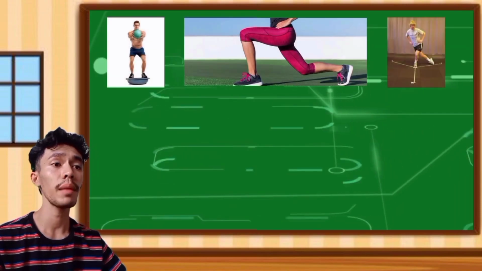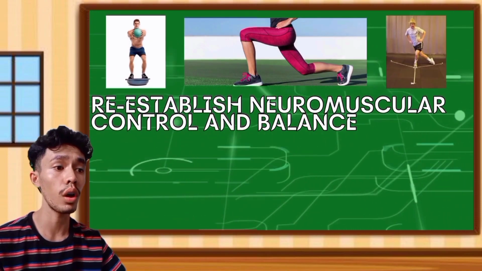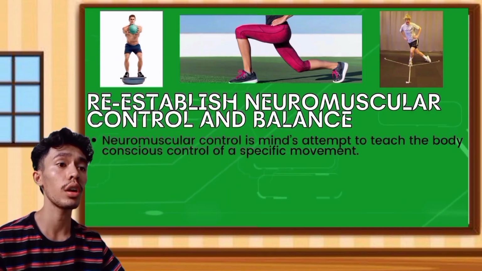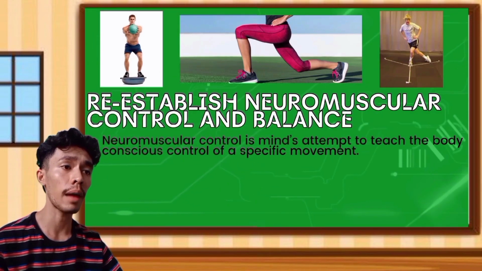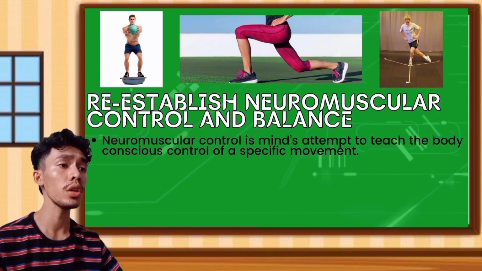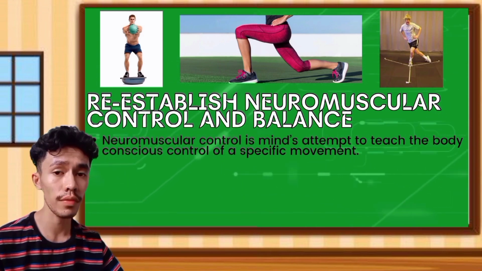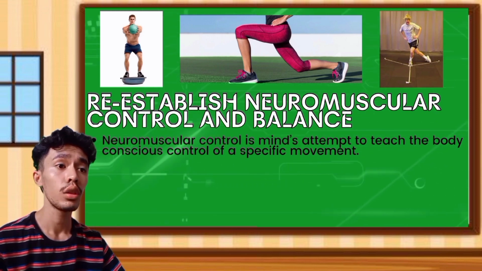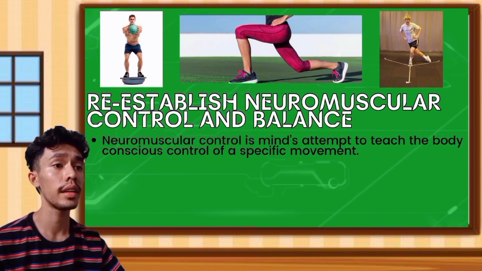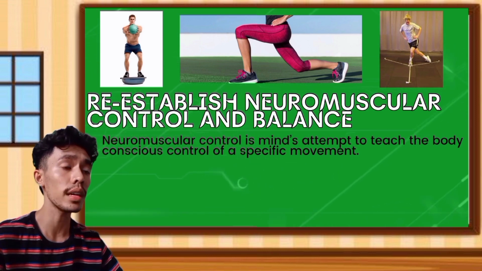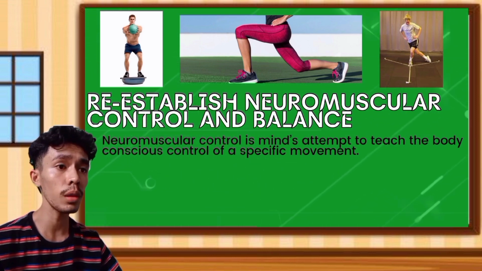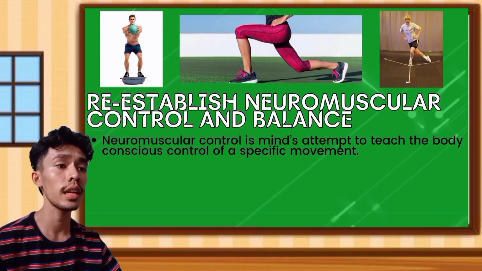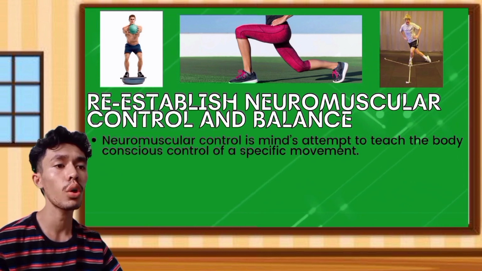Another one is reestablishing neuromuscular control and balance. Neuromuscular control is the mind's attempt to teach the body to predict conscious control of a specific movement. It relies on the CNS to interpret and integrate sensory and movement information and then control muscles and joints to produce coordinated movements.